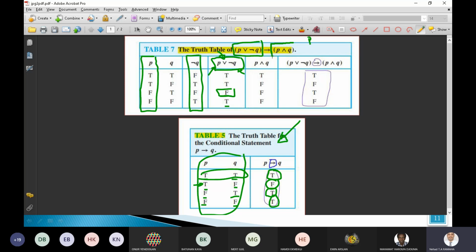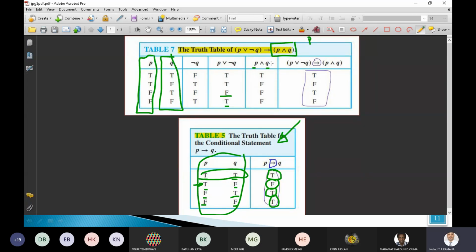Now we need the second part. It's between P and Q. Here, P and Q, and the operator will be what? The AND operator.